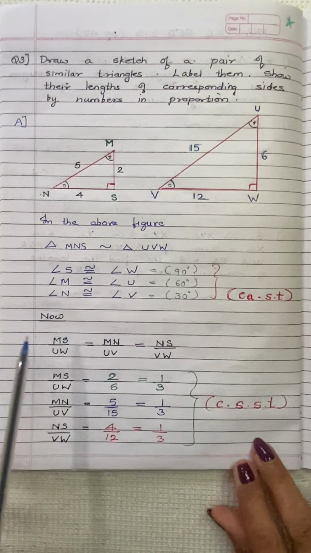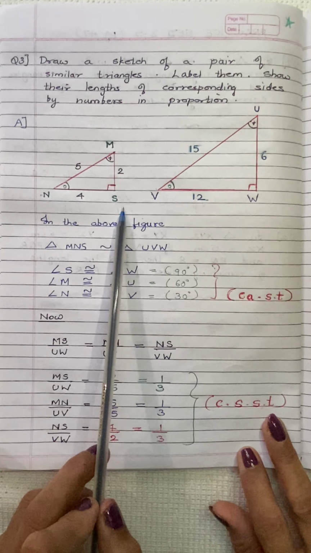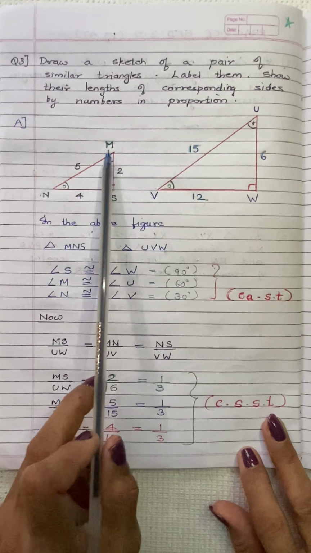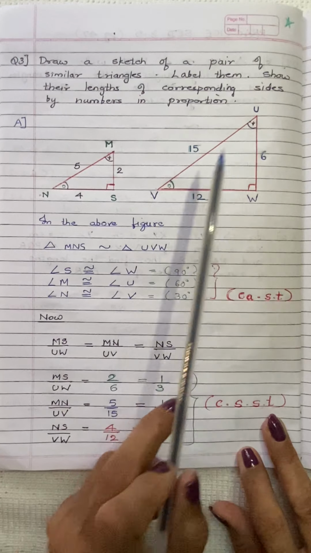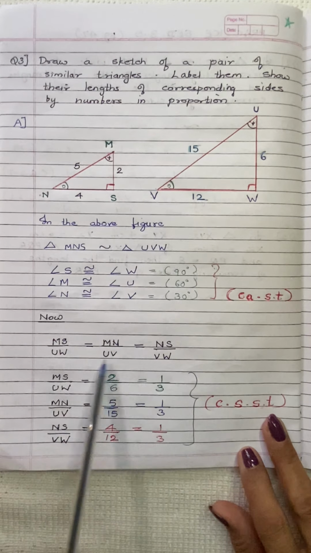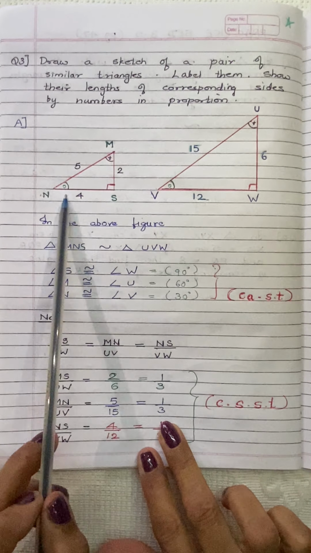Now let's check out the ratios. MS upon UW is equal to MN upon UV and NS upon VW. Now let's substitute the values which I have already shown at the sides.